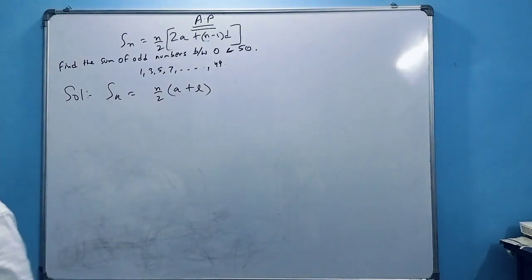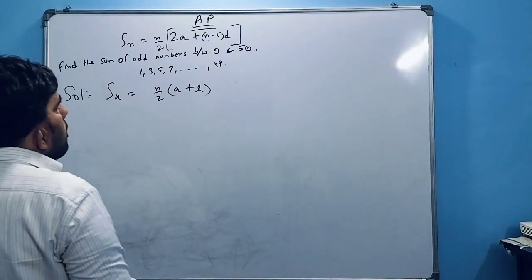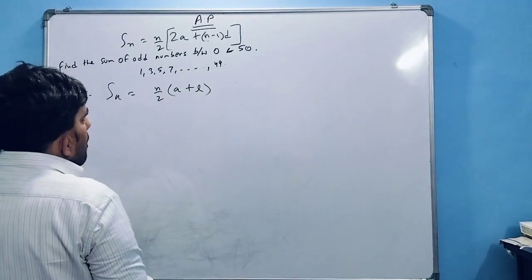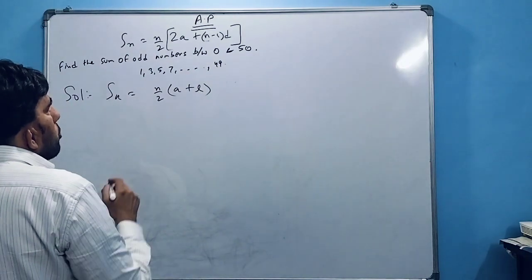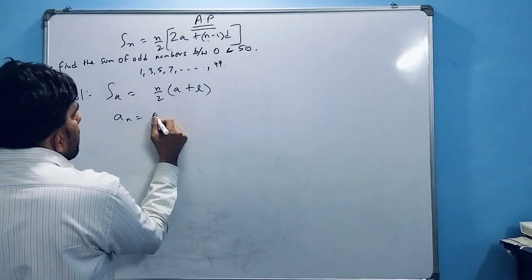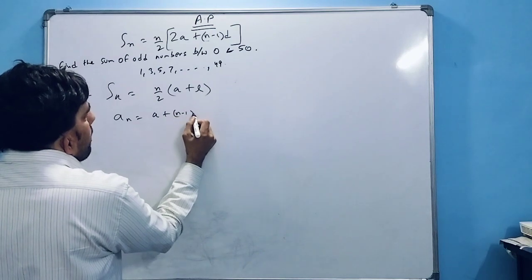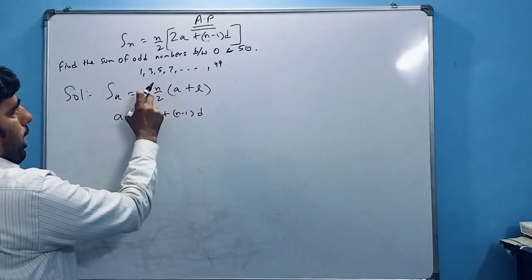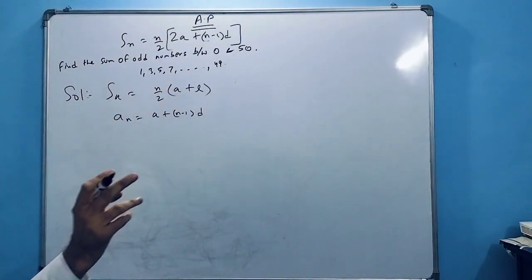Okay. But before going to that, we have another formula, that is a plus (n minus 1) into d. So first we need to find n here.